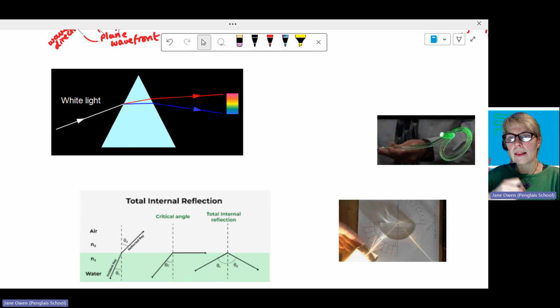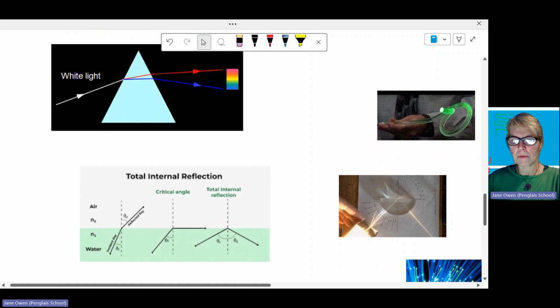It's the wavelength and the speed that will change in that glass block. Where they are in the air, they're all traveling at the same speed. As soon as it goes into the glass block, they change. There'll be slightly different speeds, which, because they're slightly different wavelengths, means they'll split up by a different amount.